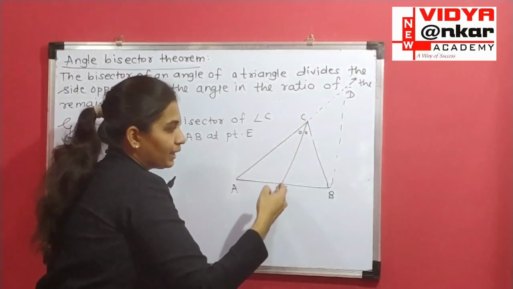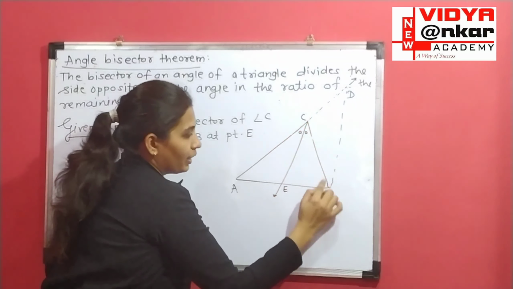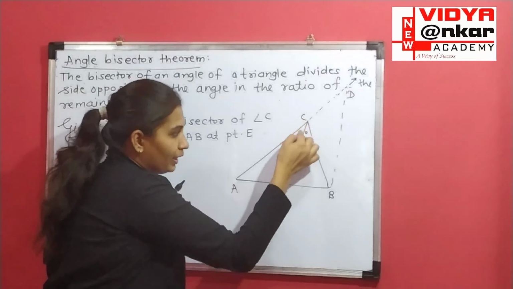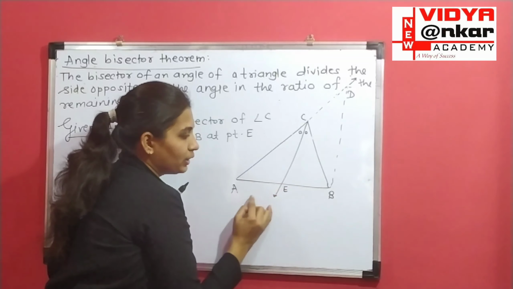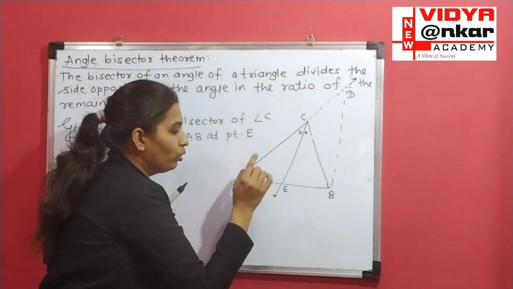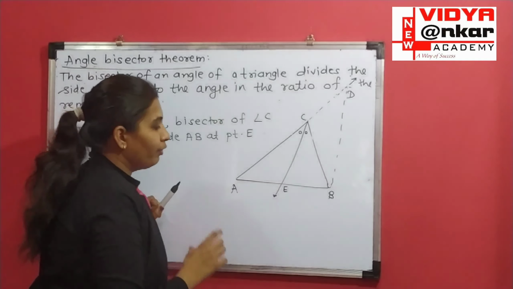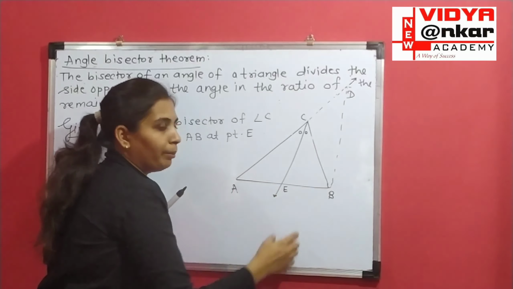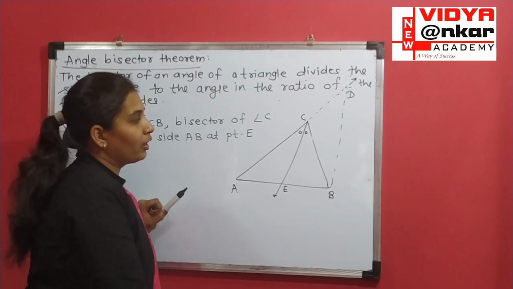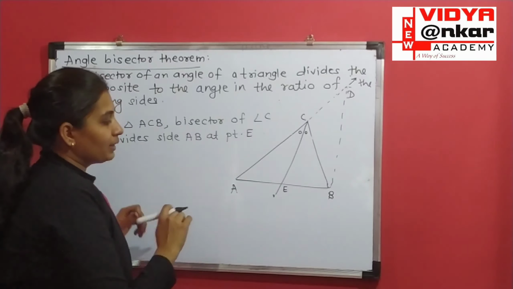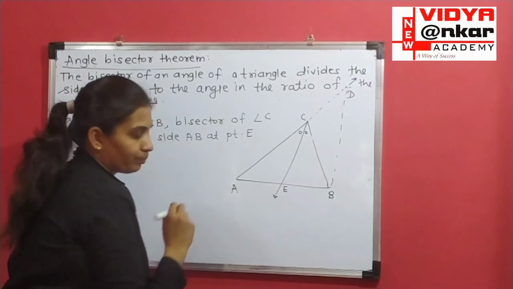This is the bisector of angle ACB and it is dividing the opposite side AB into two parts by point E. So we got AE and EB, two segments after intersecting the bisector to the opposite side.